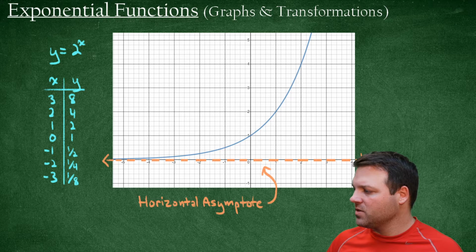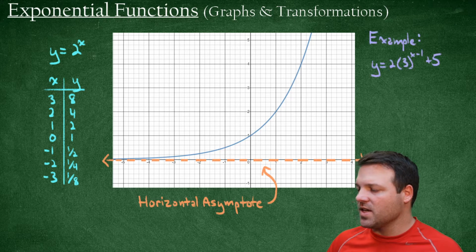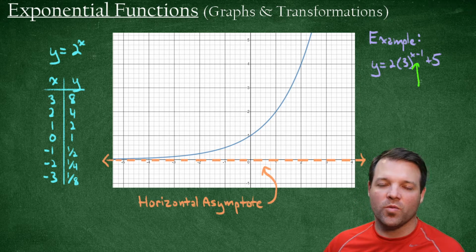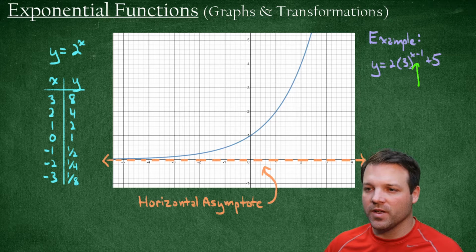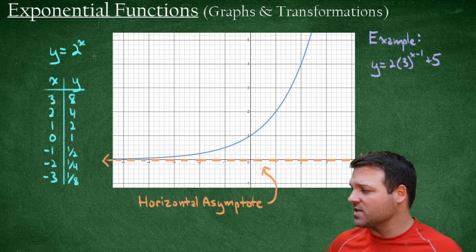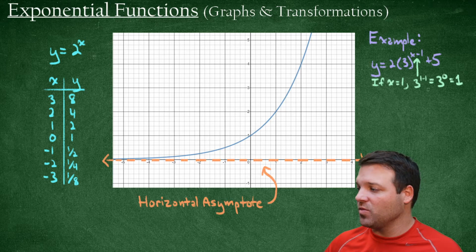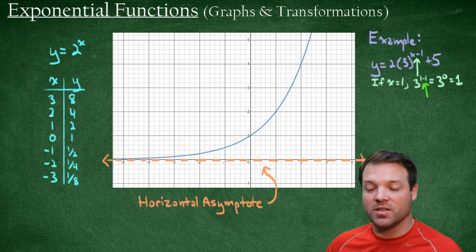Now, let's go over a little bit harder example here, just to show it, because it's not always where x is equal to 0 that the exponent is going to be equal to 0. Like in this case, we have 3 to the x minus 1. So what number is going to give us a 0 up in that exponent? Well, if x is equal to 1, then that means we'll have 3 to the 1 minus 1, which is 3 to the 0, which is equal to 1.